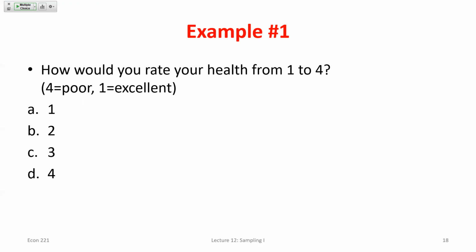What are some other issues on my list? What's one bias that we talked about that definitely won't exist? Yeah, right. So what did I do? There's an incentive to respond because I'm using this as an iClicker. As long as you create the same incentive for everyone, it's okay.